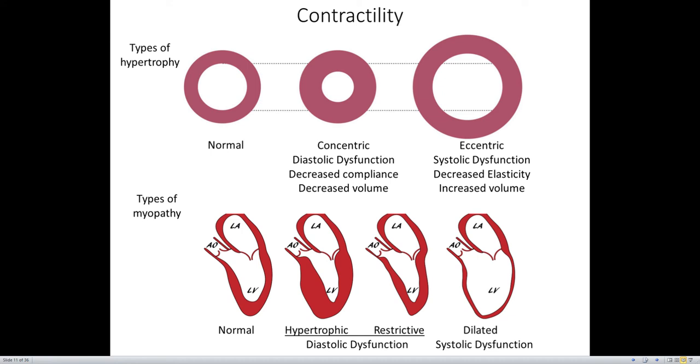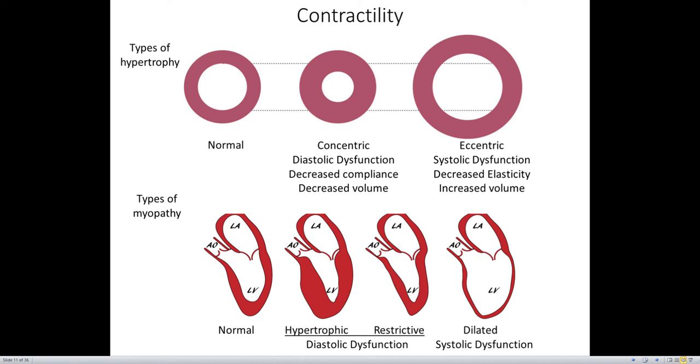Now, different types of myopathy. This is the bottom part of this slide. On the left, you see normal, and then the middle two represent hypertrophic, which is a concentric hypertrophy, and restrictive, which doesn't necessarily cause a hypertrophy.